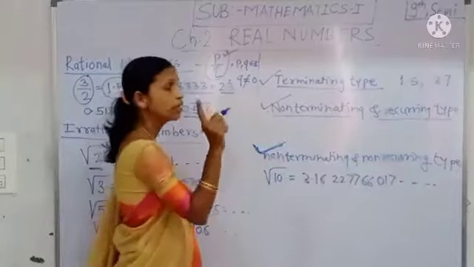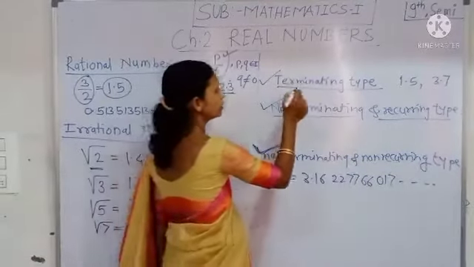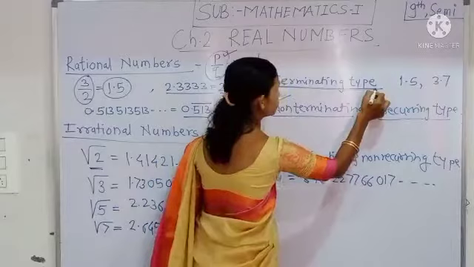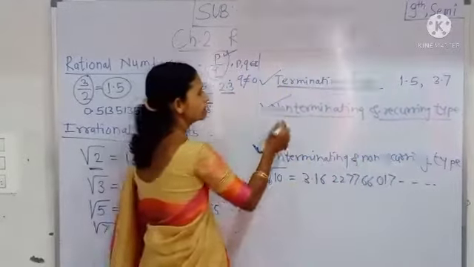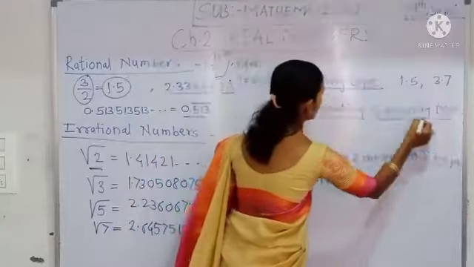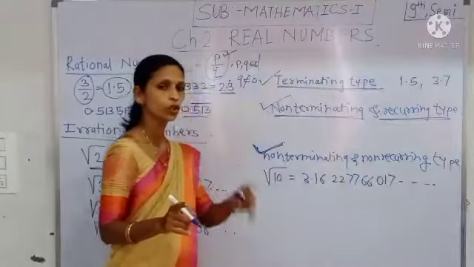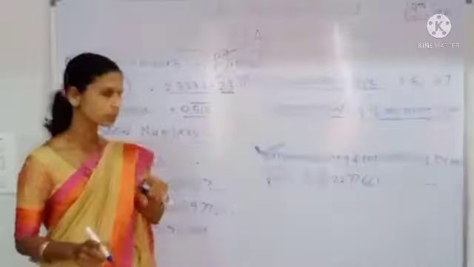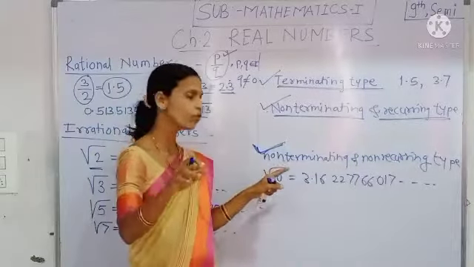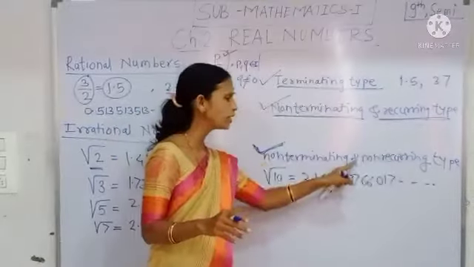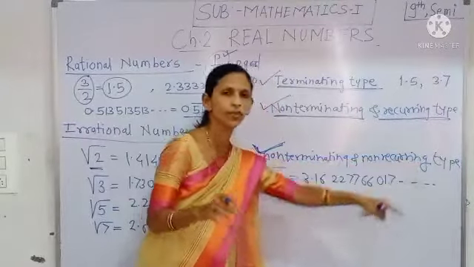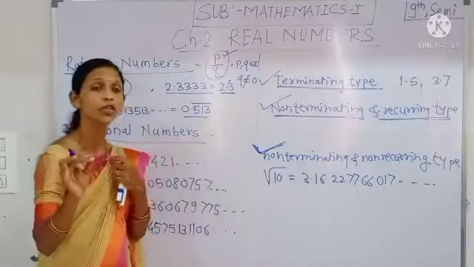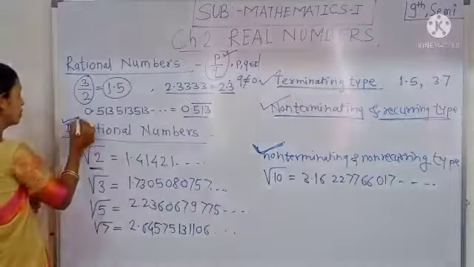Then the numbers which have a terminating decimal form, as well as non-terminating and recurring decimal form, are rational numbers. But the numbers whose decimal form is non-terminating and non-recurring are known as irrational numbers.